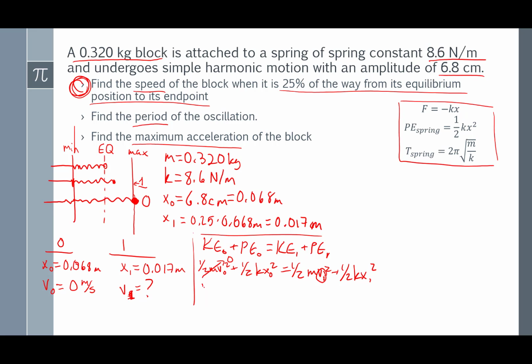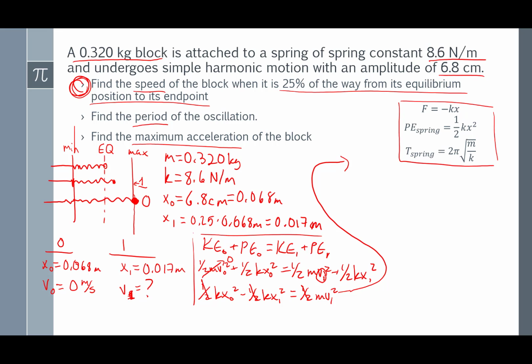Then I'm going to end up with 1/2 k x0 squared, that's our initial potential energy, minus 1/2 k x1 squared equals 1/2 m v1 squared. And since we have 1/2s in every term, let's cancel those 1/2s out.